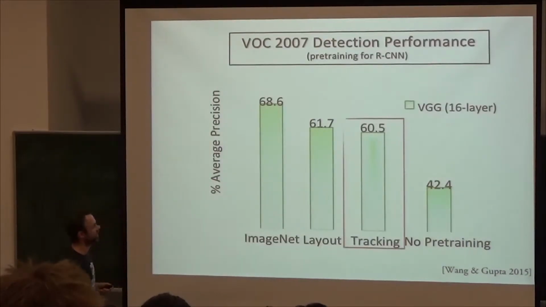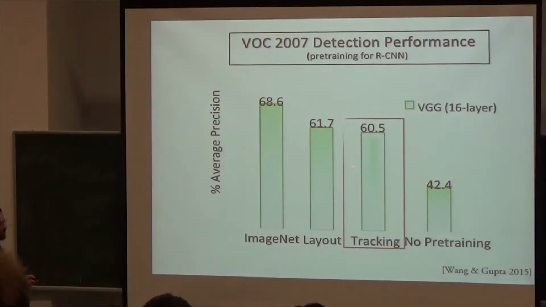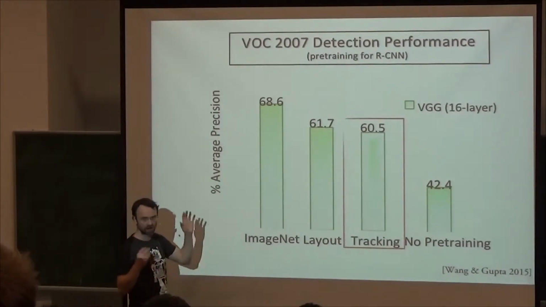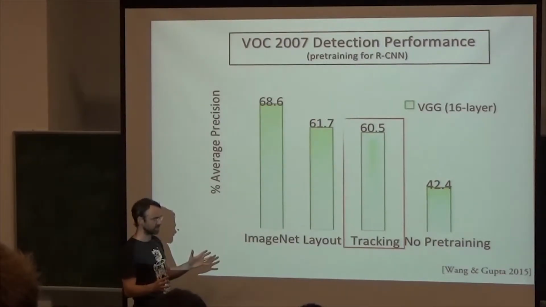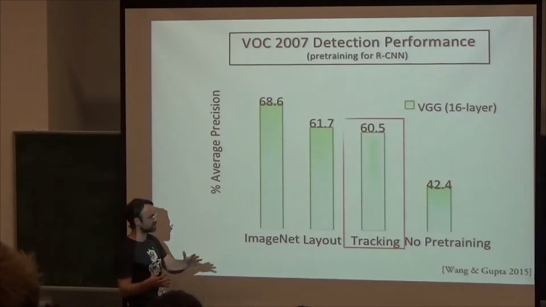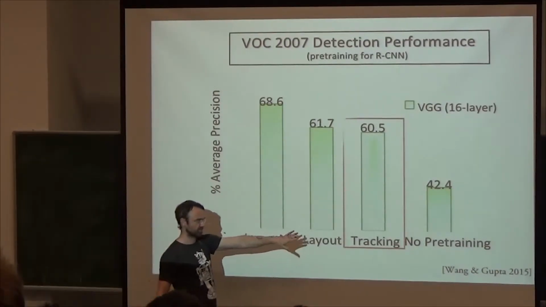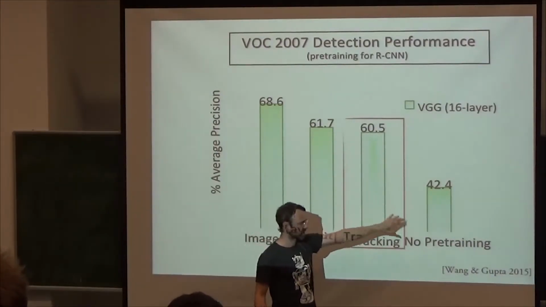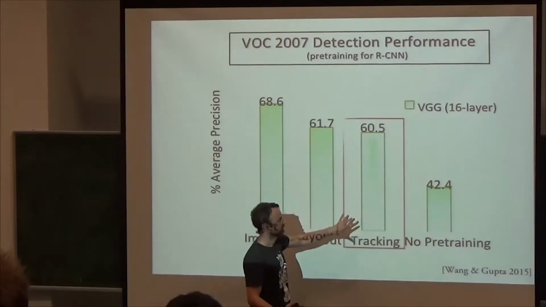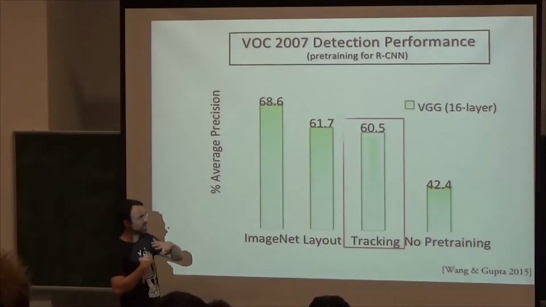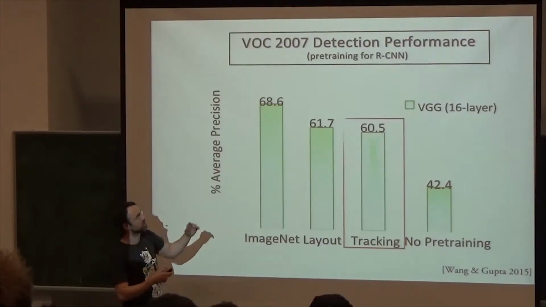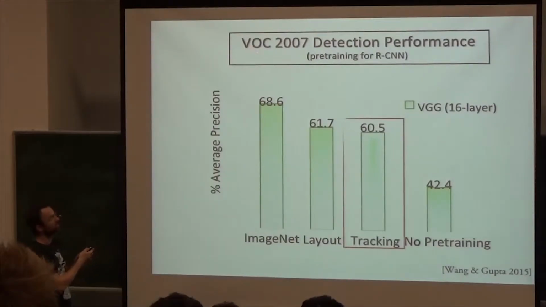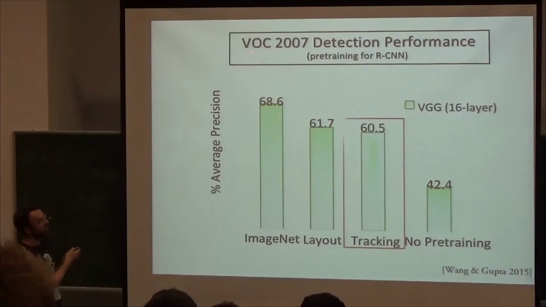Just to understand what's happening here, and we'll do a big comparison in a moment, the paradigm is you pre-train your architecture either using ImageNet or using this feature tracking, or you don't pre-train at all and just do random initialization. Then in the second stage, you fine-tune using the training set from this data set, which is fairly small.